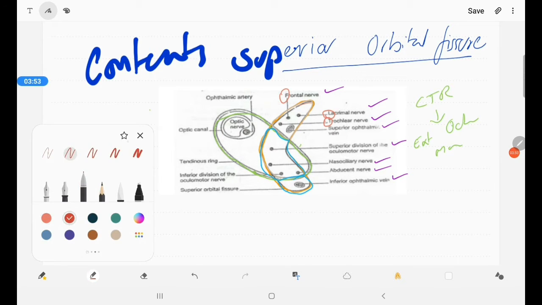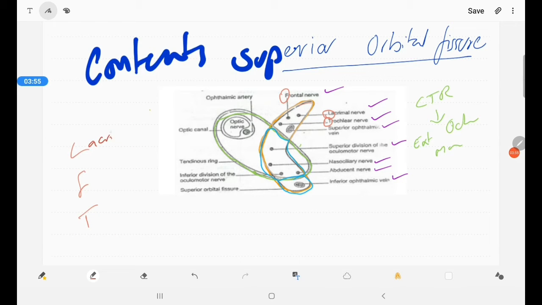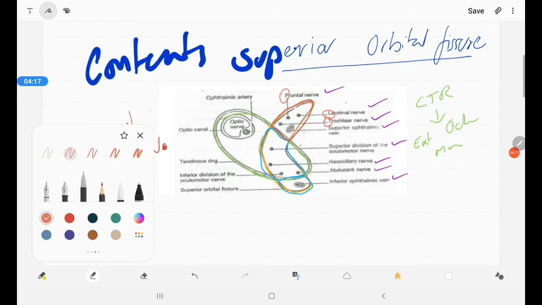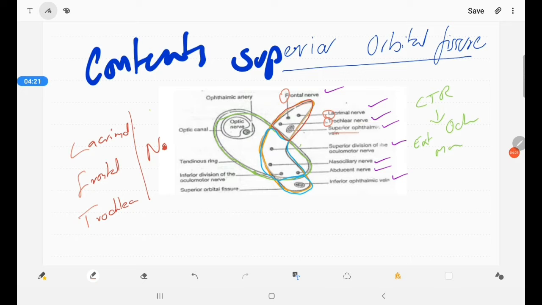L stands for lacrimal nerve, F stands for frontal nerve, and T stands for trochlear nerve. All these are structures which pass through the upper part of the superior orbital fissure. Now along with that there is the superior ophthalmic vein, which makes up the superior division.